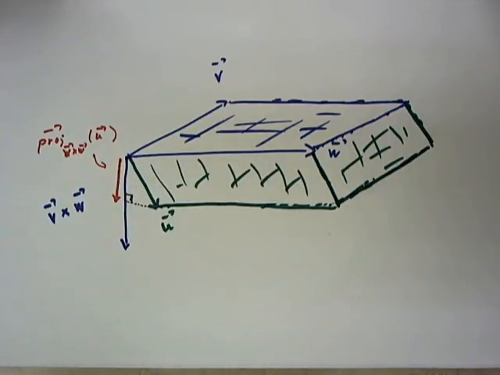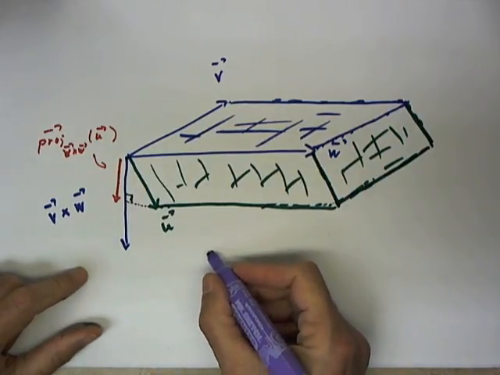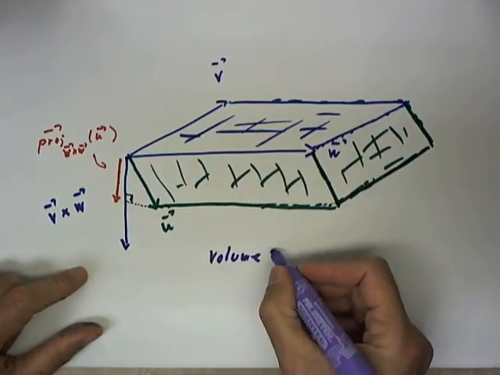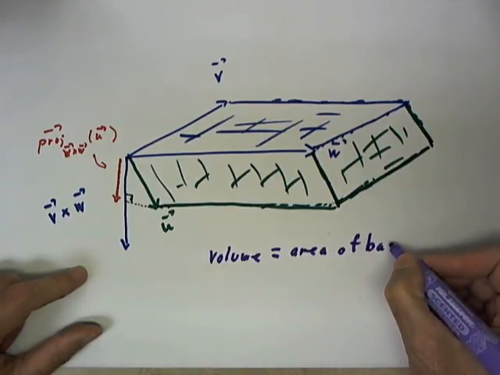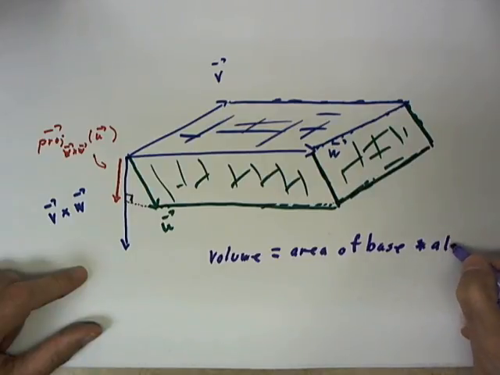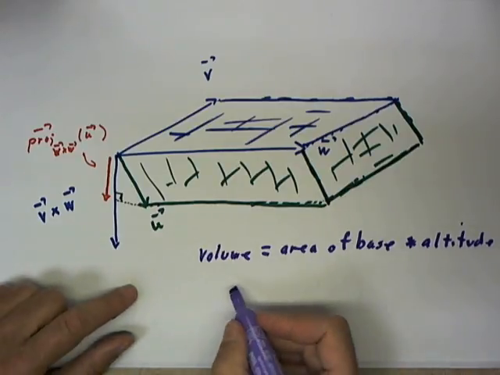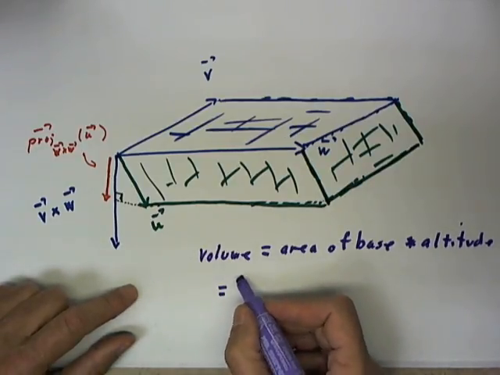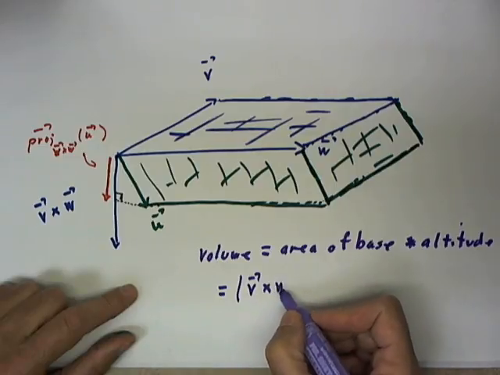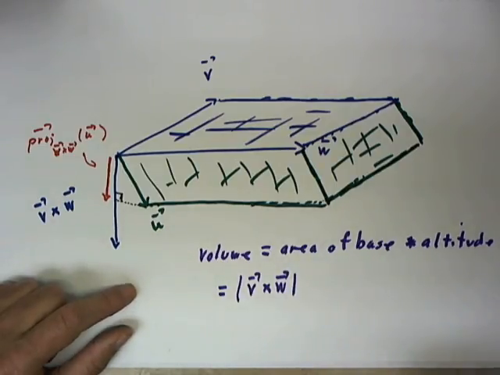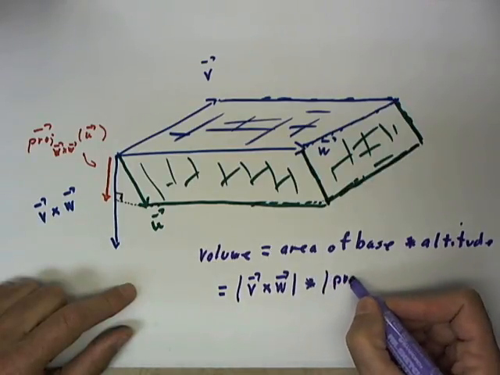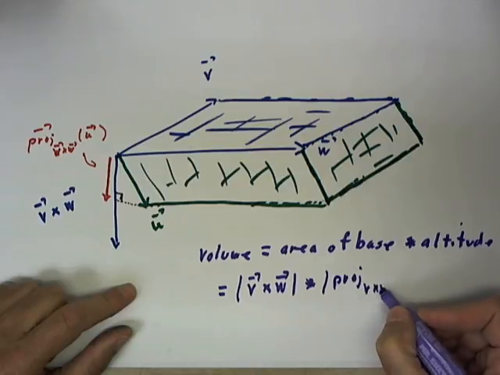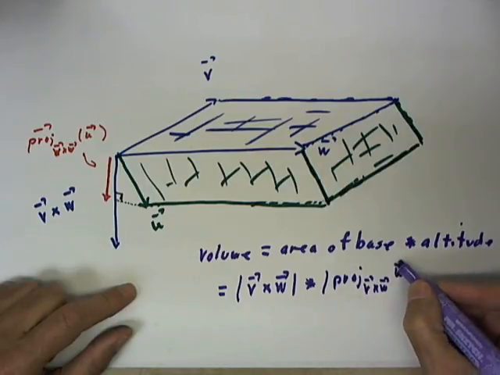And it follows that the volume of the figure is the area of the base multiplied by the altitude of the figure, and that is equal to the magnitude of V cross W, which is the area of the base, multiplied by the magnitude of the vector projection, the projection onto V cross W of the vector U.